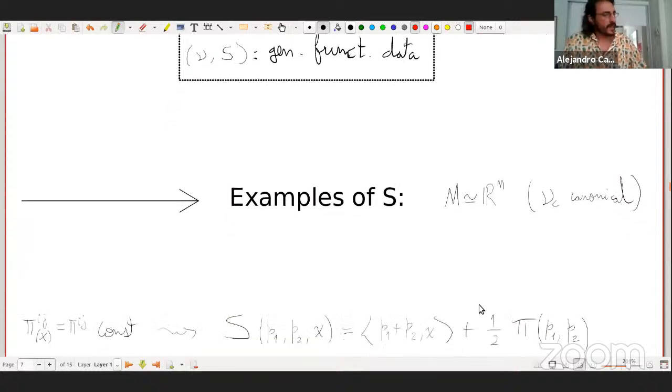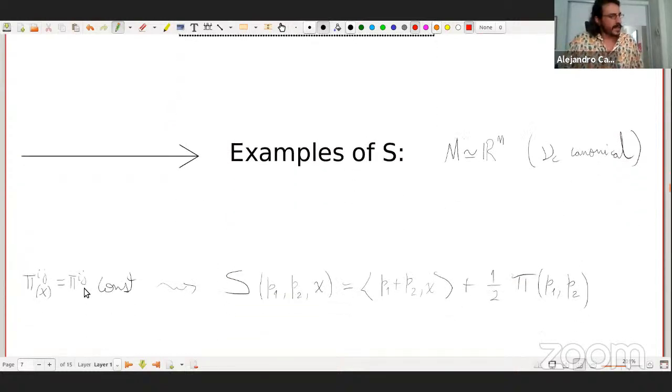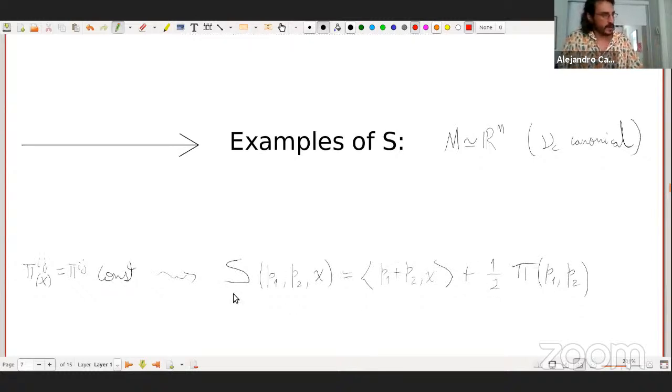And with respect to that, for example, you can integrate a constant Poisson structure just by this very simple formula. There is a linear part that contains the addition of covectors, and then there is a quadratic part that contains how this is being modified by the Poisson structure. When the Poisson structure is non-constant, you will need, in a sense, more terms here that will depend on the derivatives.